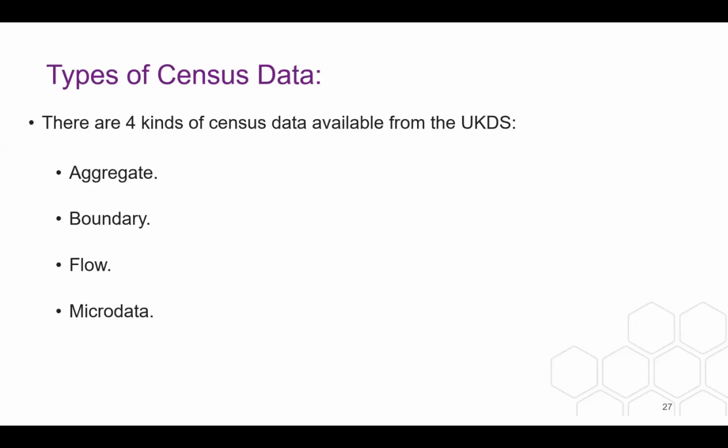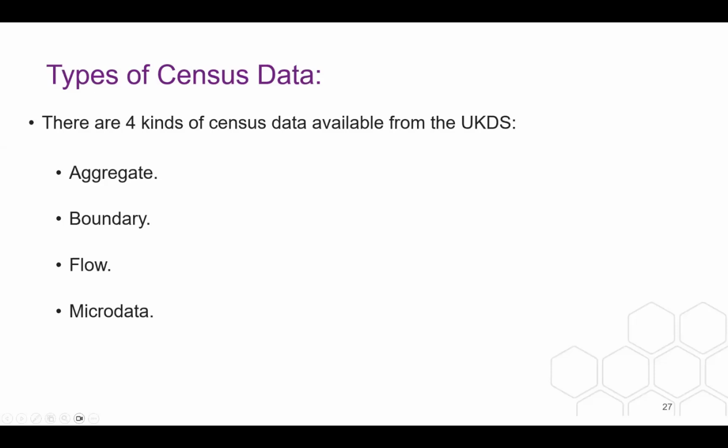Most flow data relates to migration, derived from place of residence on the census date compared with the usual residence in the previous year, and commuting flows, the difference between place of residence and place of work. Although data from the 2011 census also includes information on movement between main and second addresses.